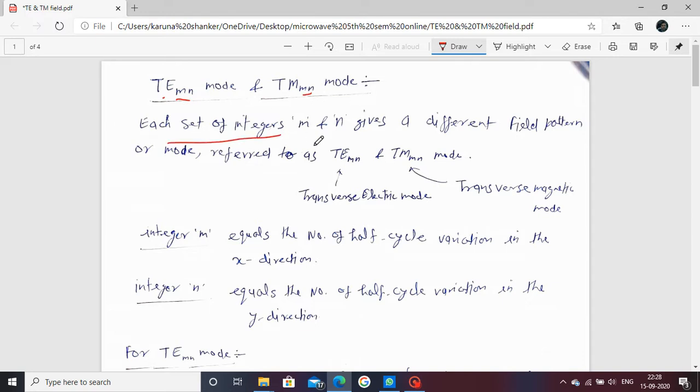Each set of integers M and N gives you a different field pattern or mode, referred to as the TE_MN and TM_MN mode, meaning transverse electric mode and transverse magnetic mode. By putting in the integer values, we see the different field patterns which are propagating inside your waveguide.